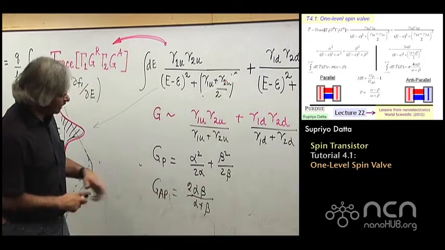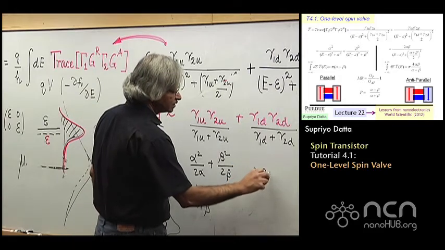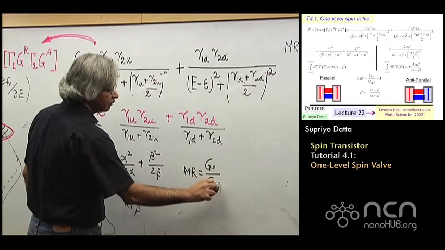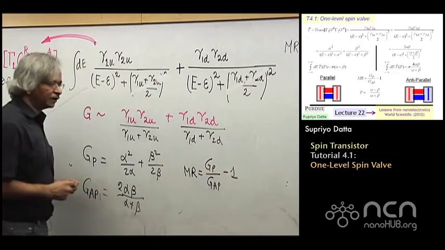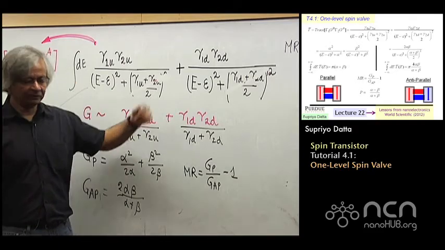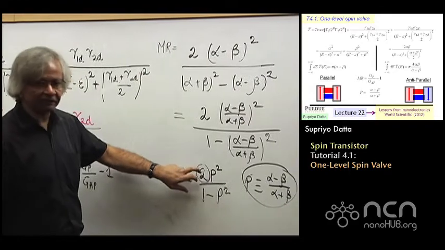If you take this and find the magnetoresistance in the usual way, which is parallel conductance over anti-parallel conductance minus 1, and this was one of the homework problems in part 1, at the end of the day you find the magnetoresistance looks like this, but the factor 2 isn't there.